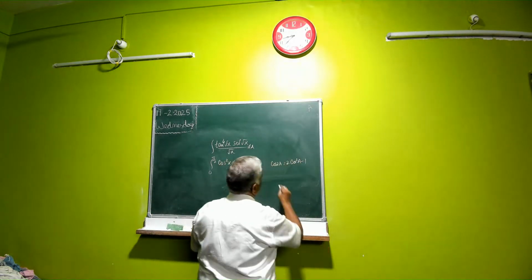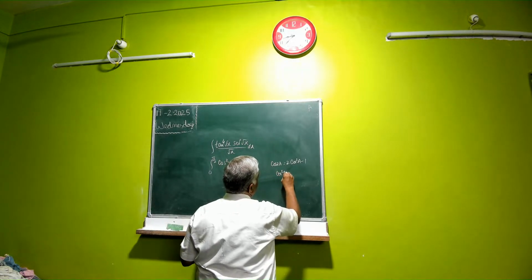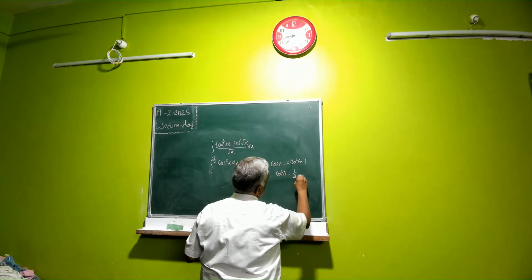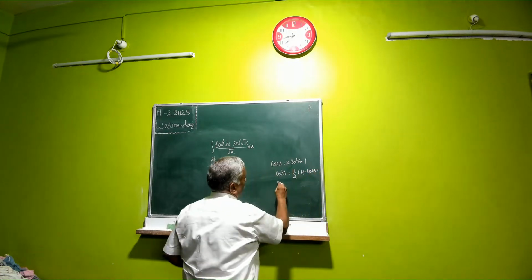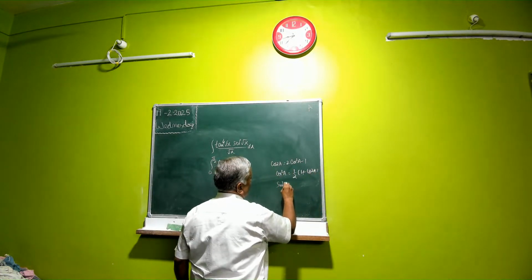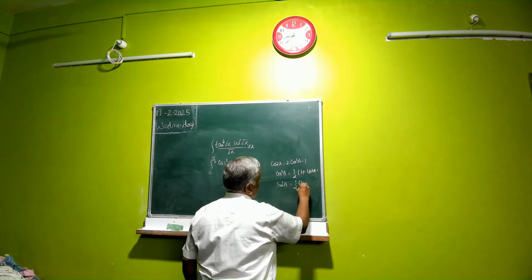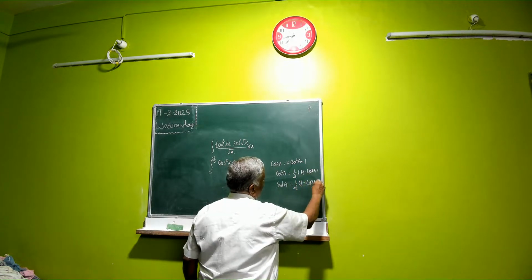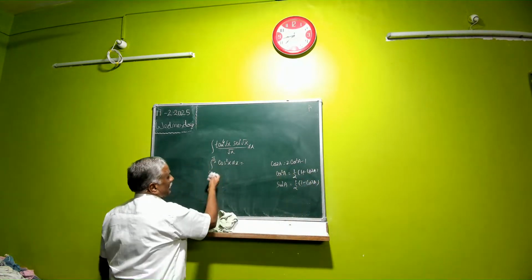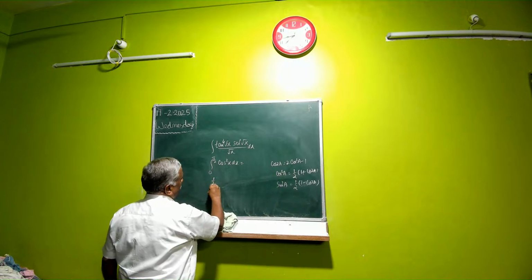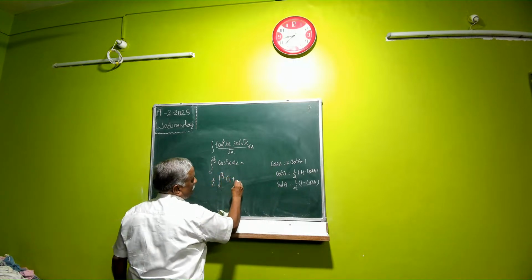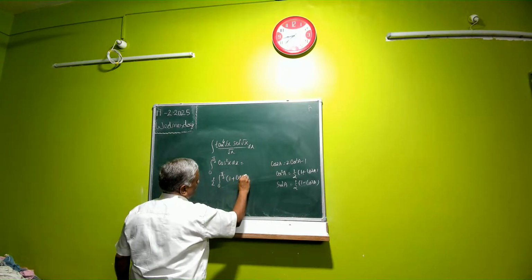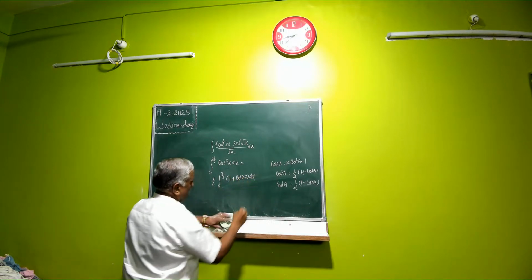So cos square a is half of 1 plus cos 2a. Similarly, one more formula is that sin square a is half of 1 minus cos 2a. So depending on that, use the formula, cos square x is given as half of the integral from 0 to pi by 2 of 1 plus cos 2x dx.